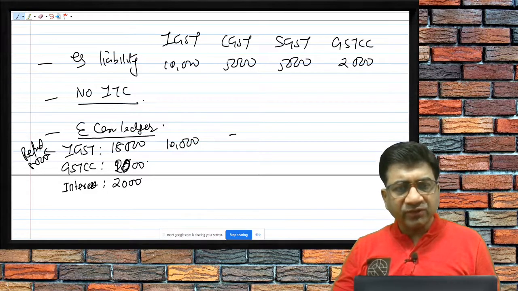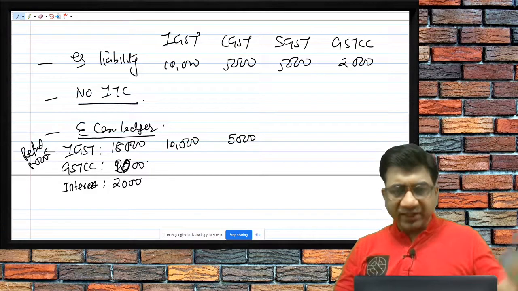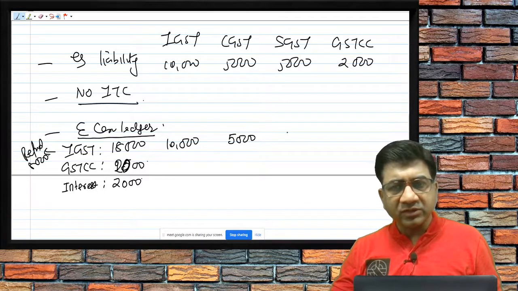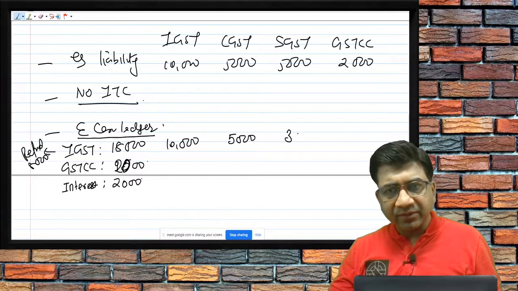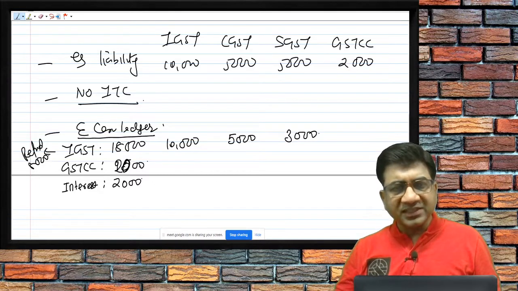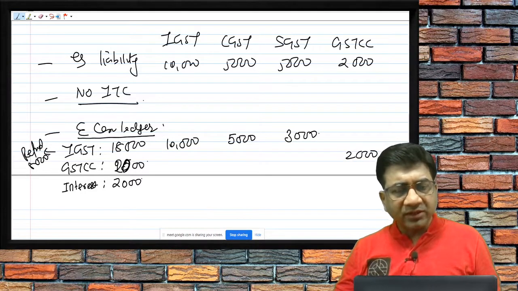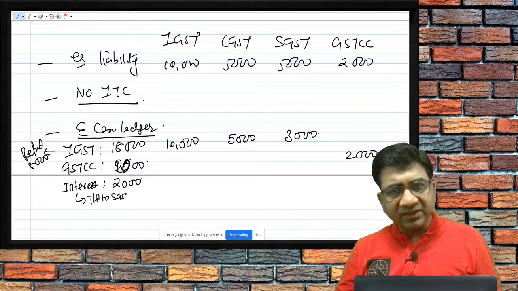So you can use 5,000 here. You transfer it first in the head and then use it for debiting purposes. And 3,000 you can use it here. 2,000 GST cess is there, you set off here. And the interest of 2,000 you transfer it to SGST.